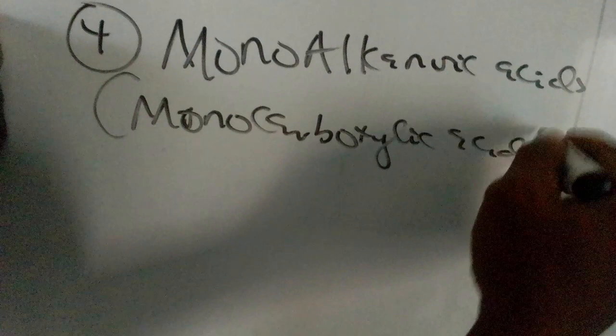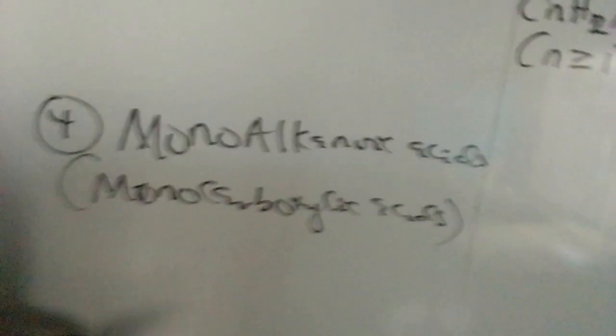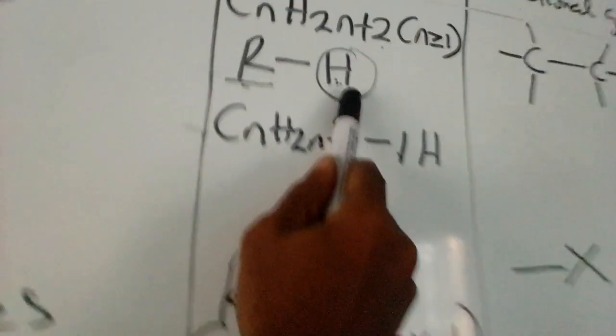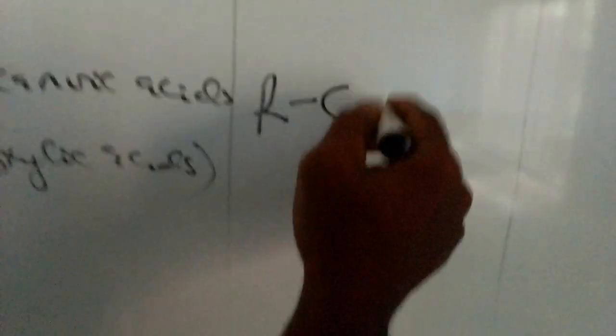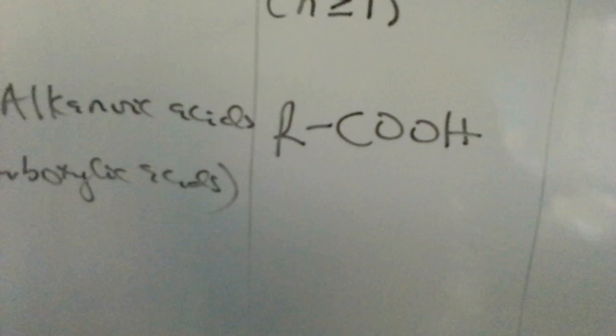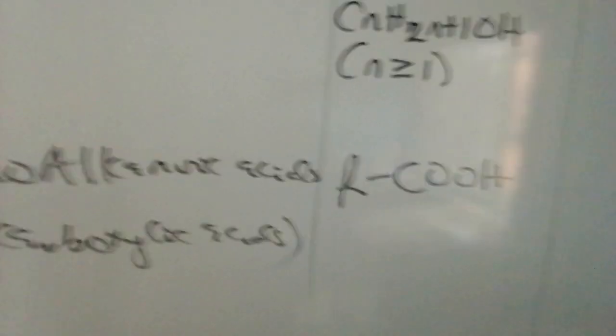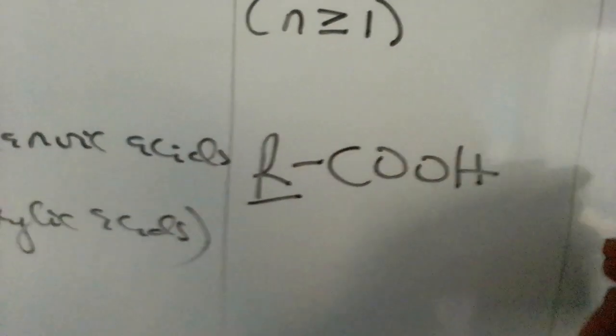To get these organic acids, you still go back to the alkane. Remove one hydrogen from the alkane formula and bring in the group COOH, called the carboxy group. You see the general molecular formula. To get the functional group, as we did in the other ones, remove the alkyl group.